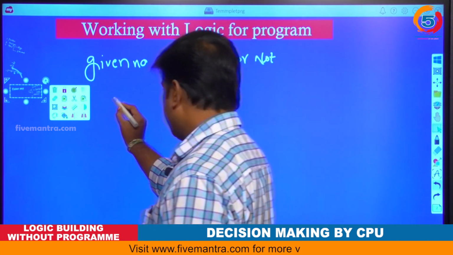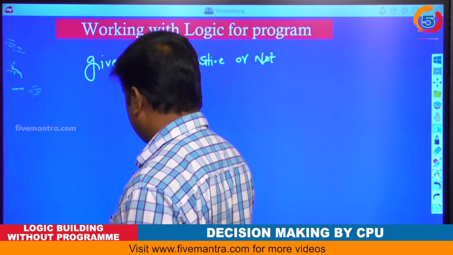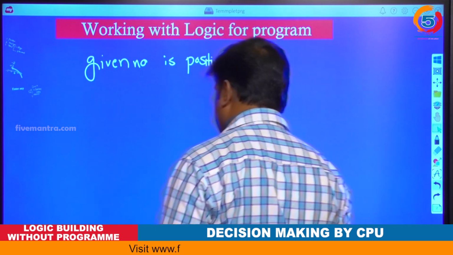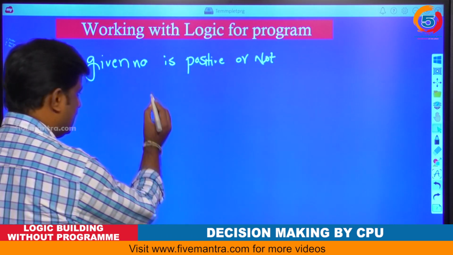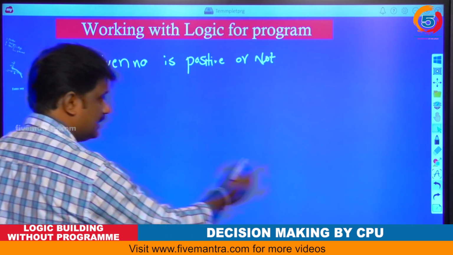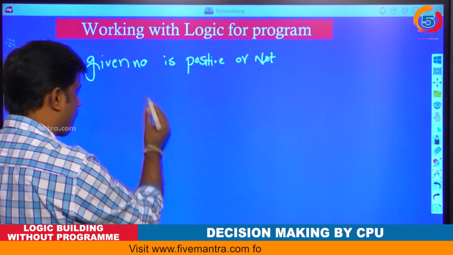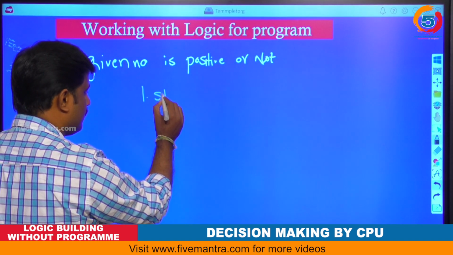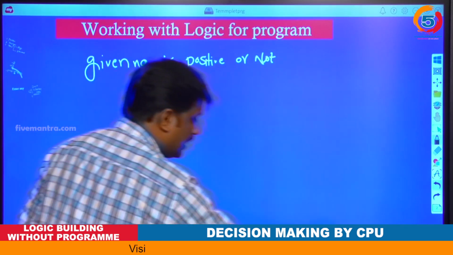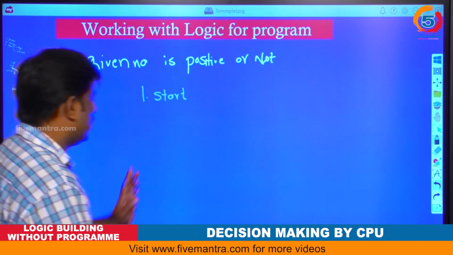First point is start. Whatever you want to write, you will start with the start symbol, right? First is start.